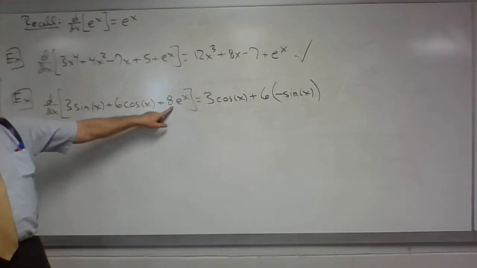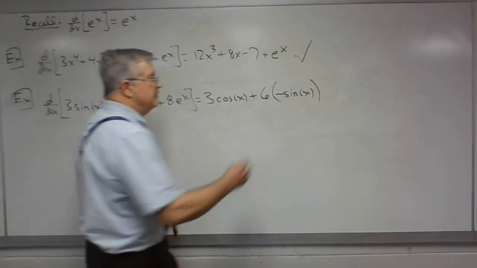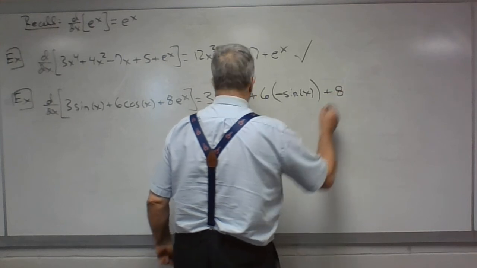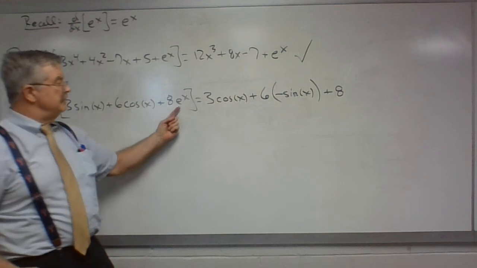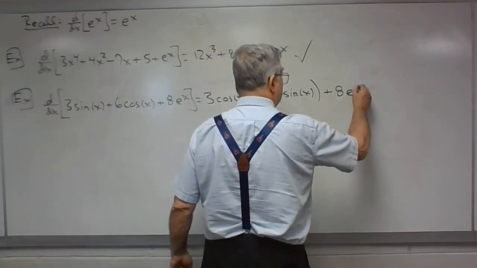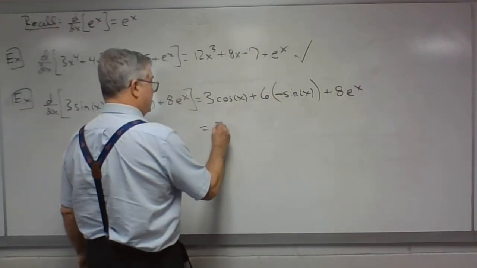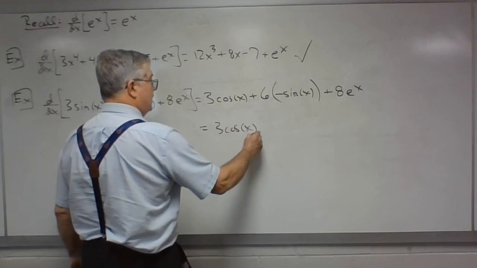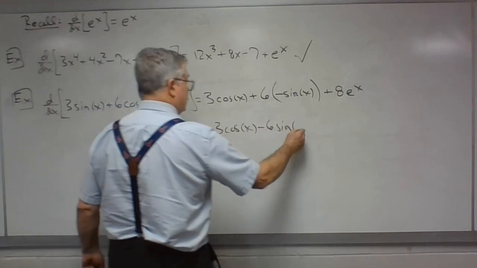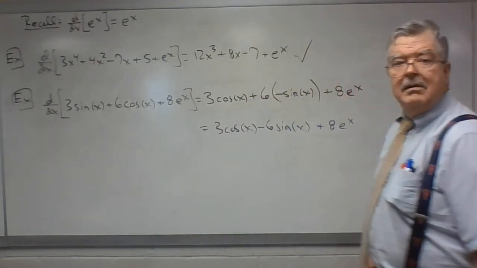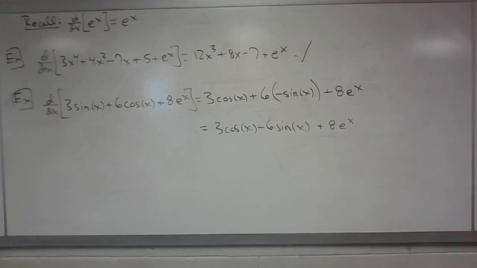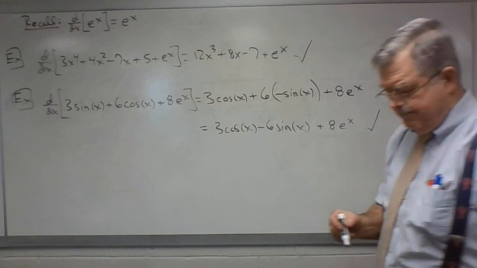To compute the derivative of 8 e to the x, we write down the constant. And then we compute the derivative of the function e to the x. Let's do one more.